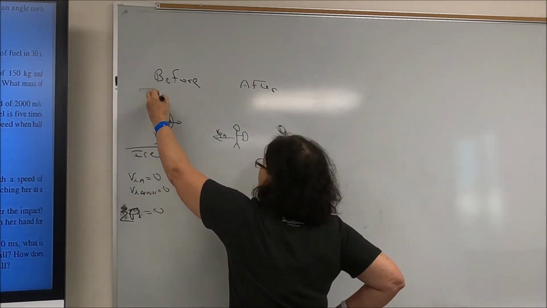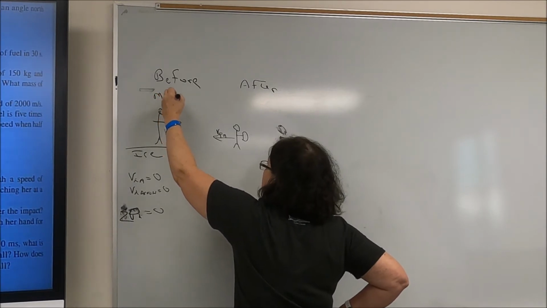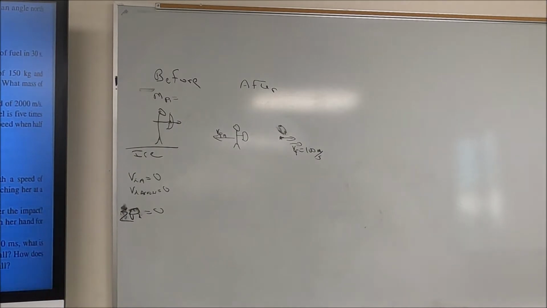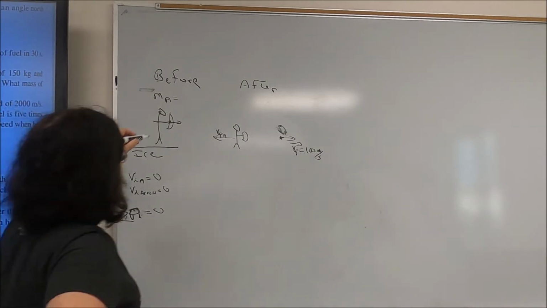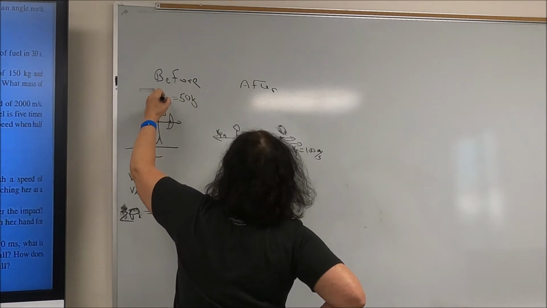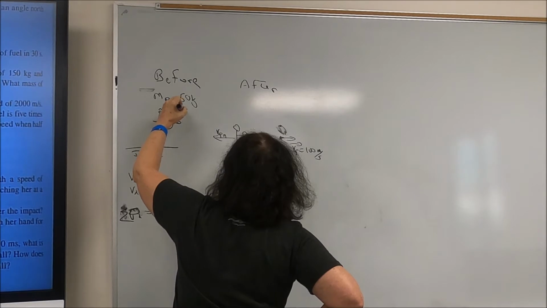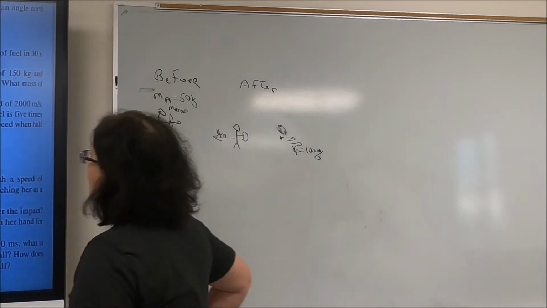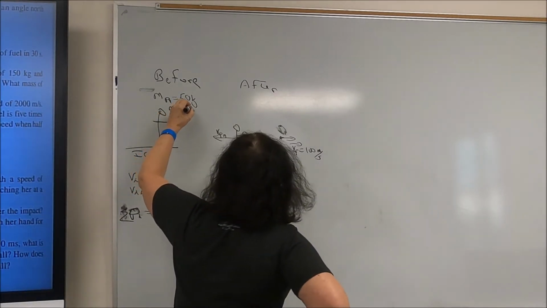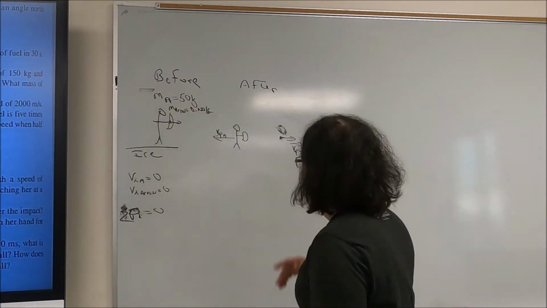We're also told that the mass of the archer is 50 kilograms. Mass of the arrow is given to us as 100 grams. So that's 0.100 kilograms.